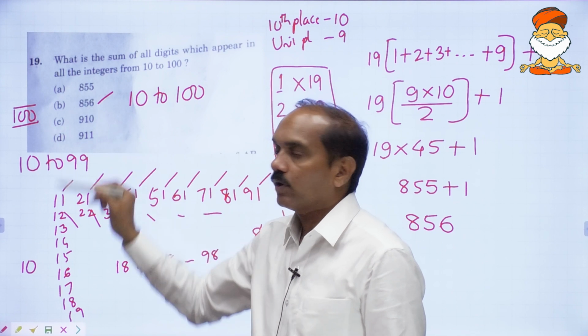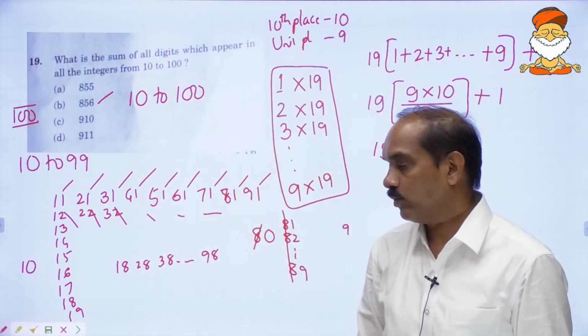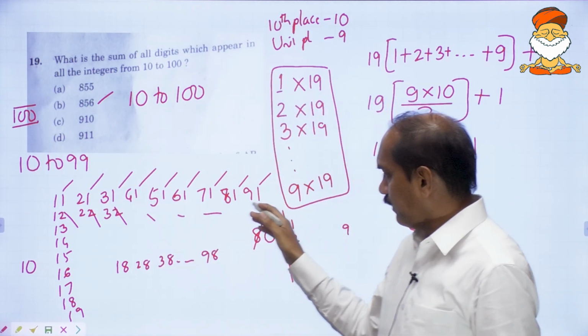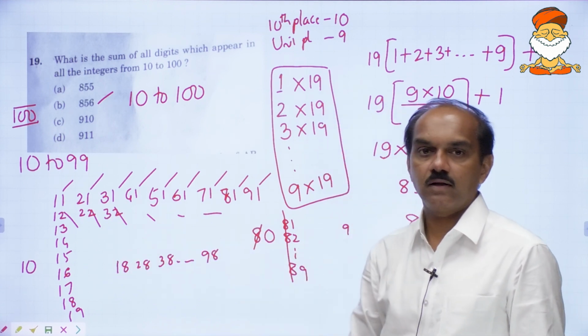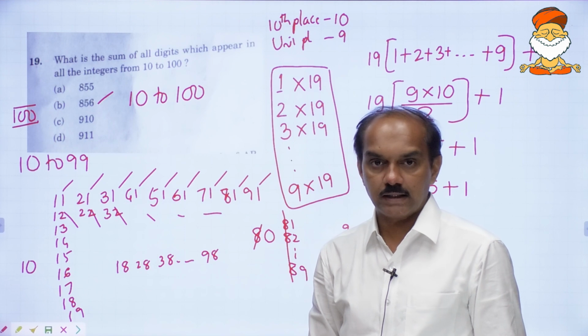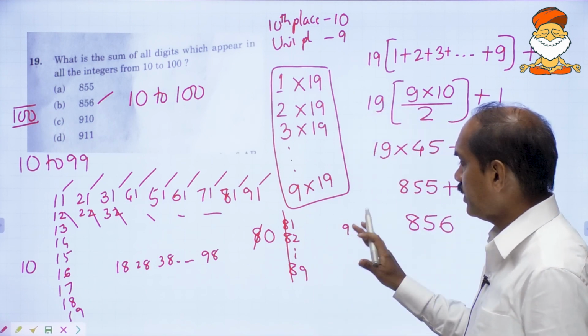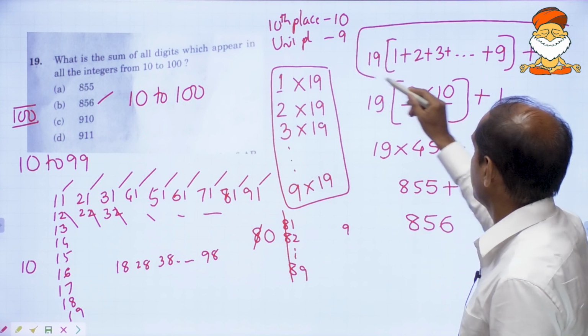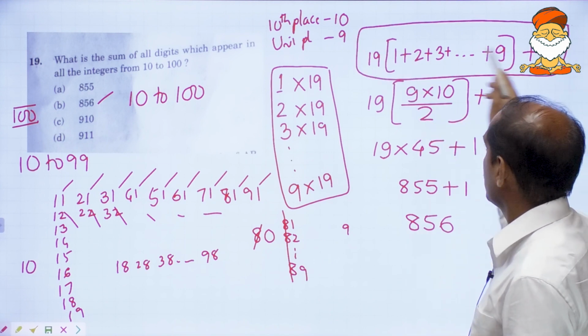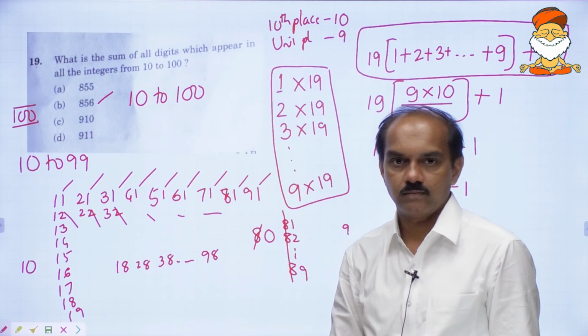So don't count randomly. And that is one more important thing. I gave you too many examples. That is the reason it is looking like too many calculations. I am not doing too many calculations. You can directly come to this step, solve this to get the final answer.